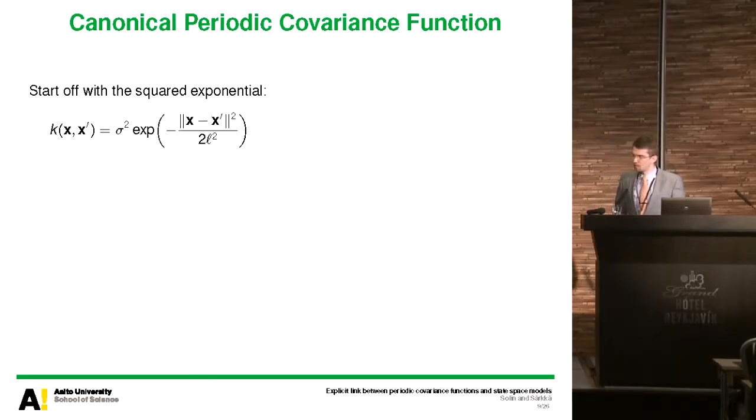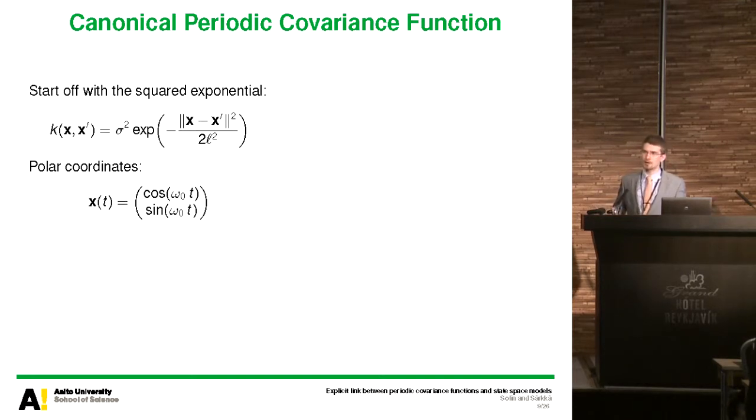For simplicity, I will consider only the so-called canonical periodic covariance function here. It can be constructed, for example, like this. We start off with a squared exponential kernel, also known as the Gaussian kernel, or the exponentiated quadratic kernel.